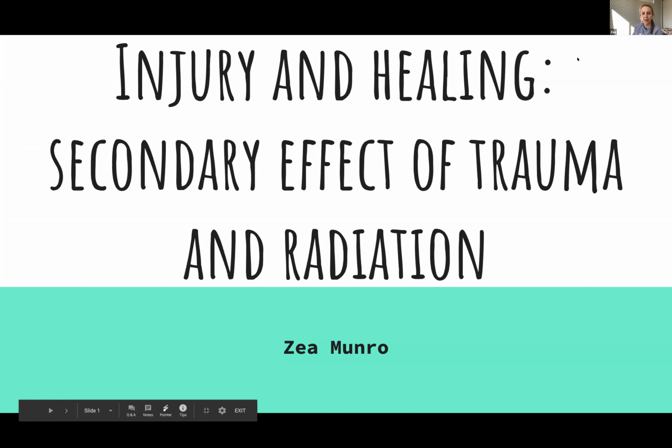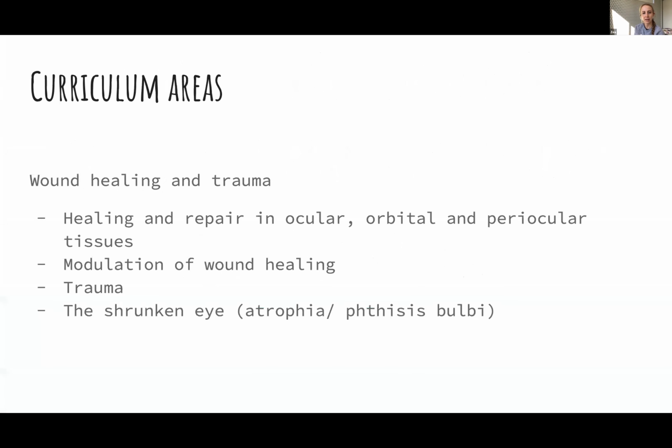Great, so my questions were on the secondary effect of trauma and radiation, and that is related to one of the curriculum areas. You know how they have the standards and then the areas underneath, and that is on wound healing and trauma.